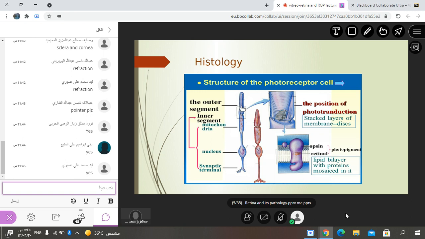The outer segment of the rod is cylindrical, and the cone is like a triangle. So this is the cones and this is the rods.